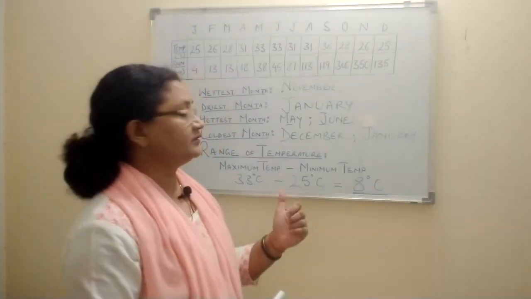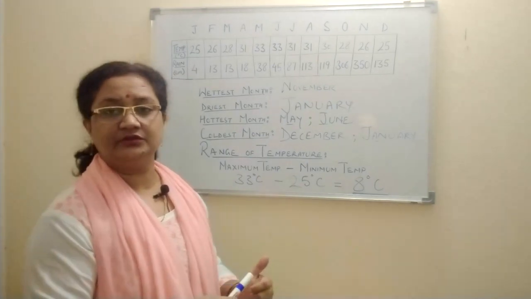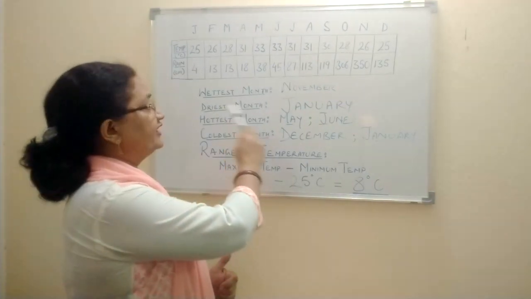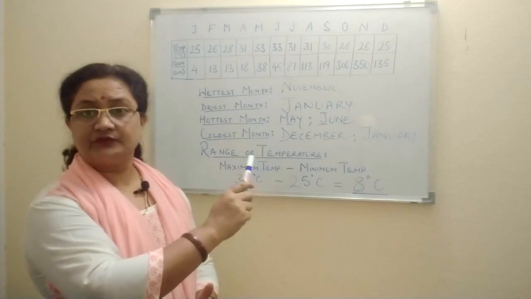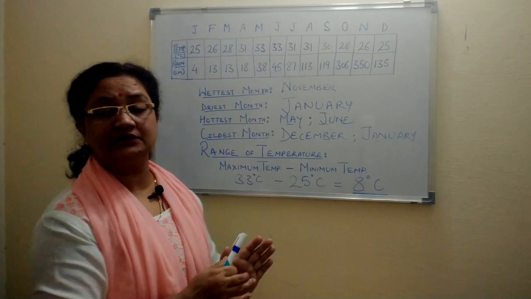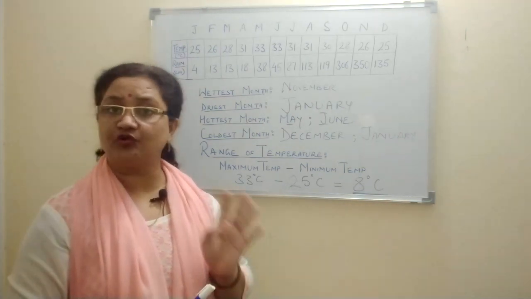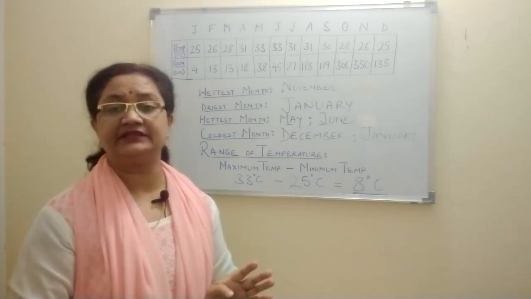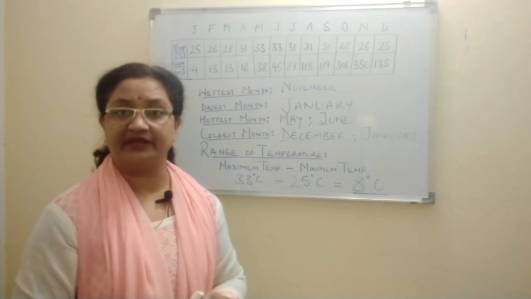So children, till now you have seen number 1, wettest month, right? Driest month, then coldest month and the hottest month. These are the 4 things which may come in the exam, right? Which the question may come.